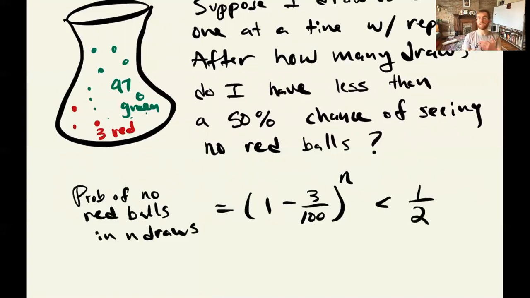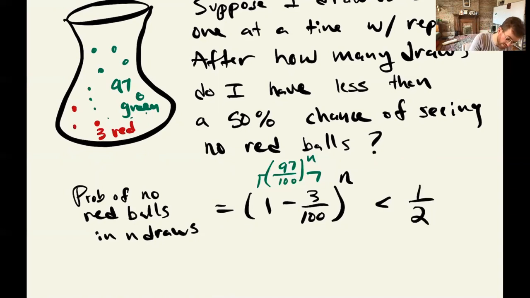Obviously, 1 minus 3 over 100 is the same thing as 97 over 100. That's what this whole formula equals. Since 97 over 100 is less than 1, if I keep raising it to higher and higher powers of n, this is going to go to 0. So there has to be some value of n where this ducks underneath a half.